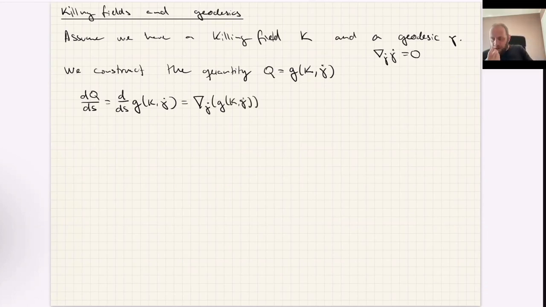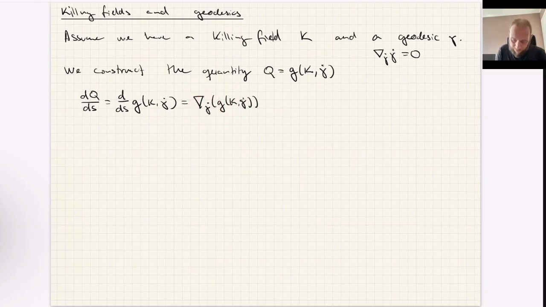Now, from the way we defined the affine connection before, we said that we should have the product rule. This means that when I have this connection acting on this product of tensors, we have a two-tensor and we have two vectors, this should be the same as summing when this differential operator acts on each of them individually.